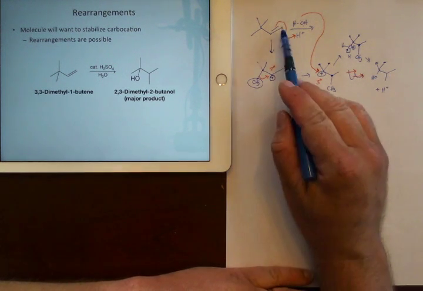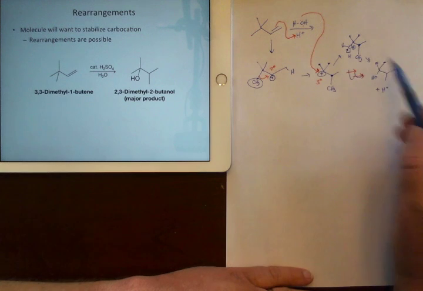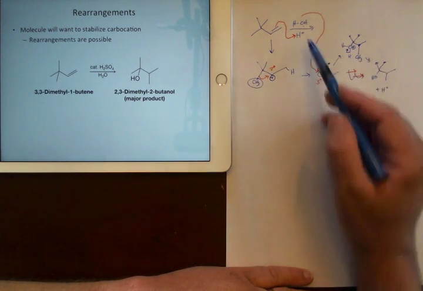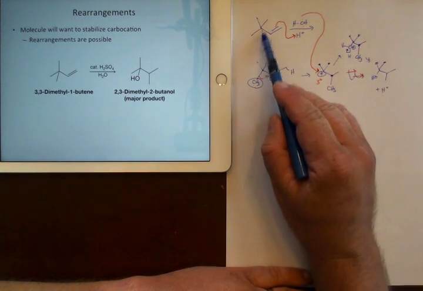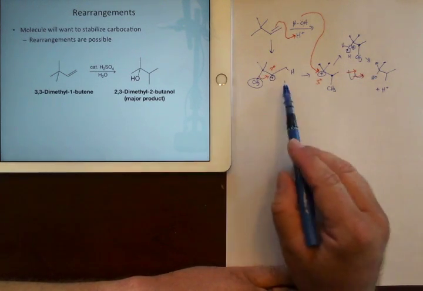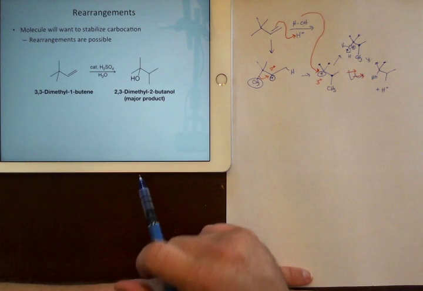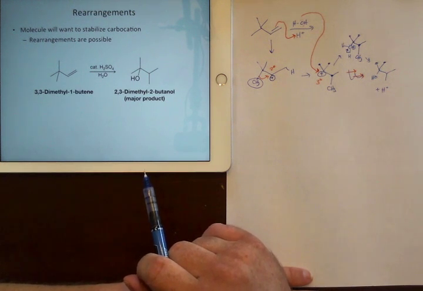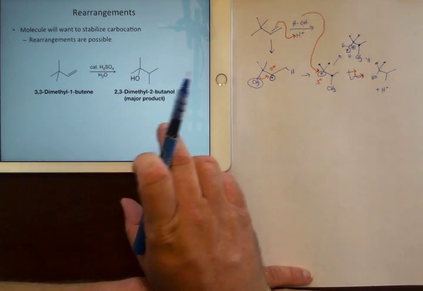And so instead of adding directly on this double bond, you're actually adding the H here, that shifts, and then the OH is going on this side because of this hydride shift, or in this case methyl shift. Okay, so this is always a concern with using a hydration reaction like this.